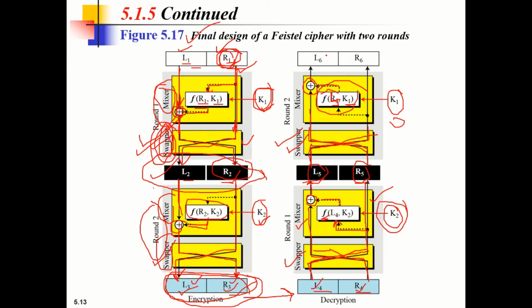Fine, so we will get this left part of the message, and this right part we will get after swapping it from here, right? So this is how we get this plain text back. Now we have to confirm whether L1 and L6 are equivalent or not, and R1 and R6 are equivalent or not.